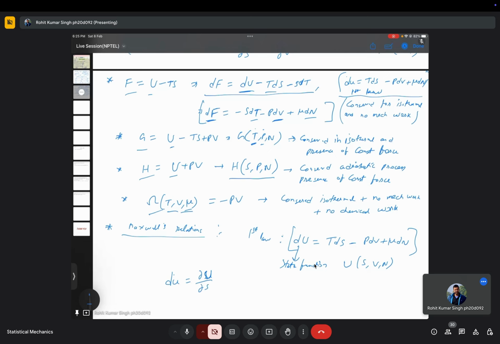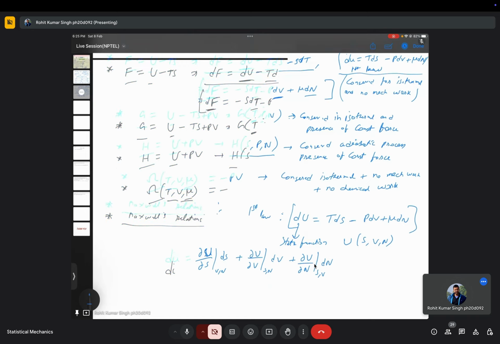Right, here V and N constant. Here S and N constant, and then with respect to number, here S and V constant.